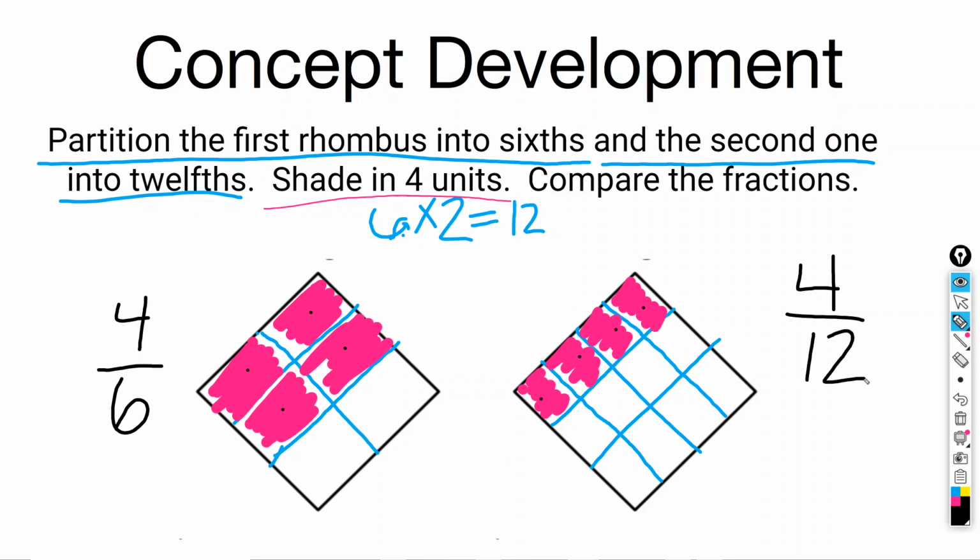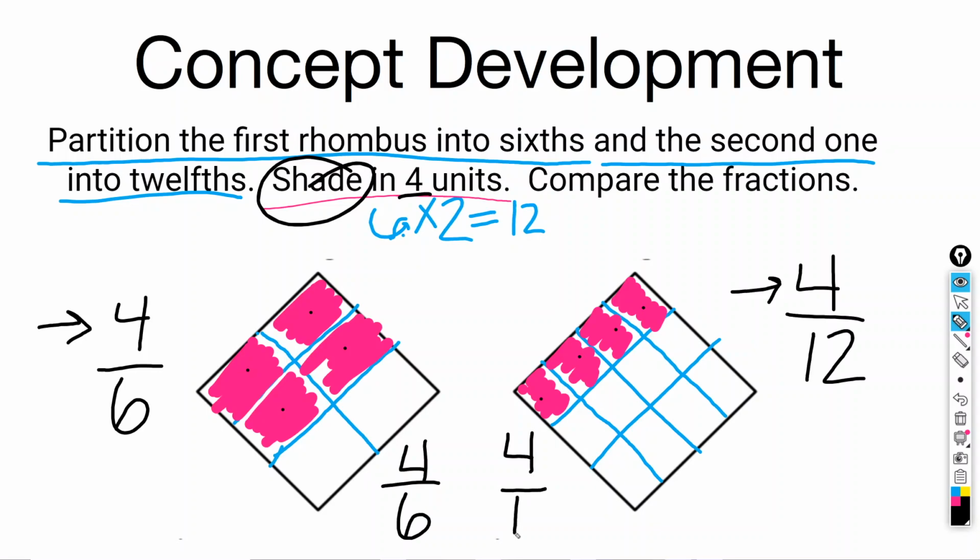So we know that the numerator, or that number on top, is the same in both fractions, and that's because we had to shade the same number of units, which was 4. So now we're going to need to compare the fractions. So I'm going to put them down here next to each other. 4/6. We need to figure out, is it less than, greater than, or equal to 4/12?